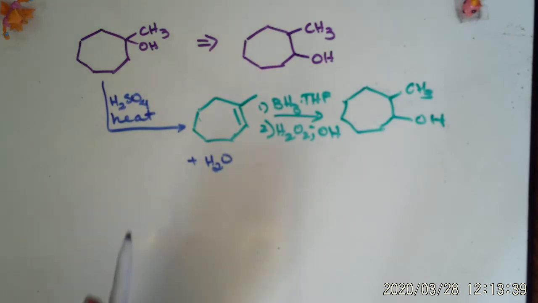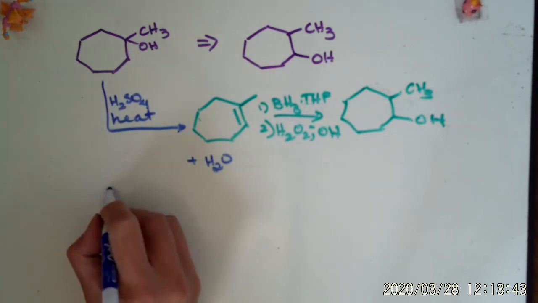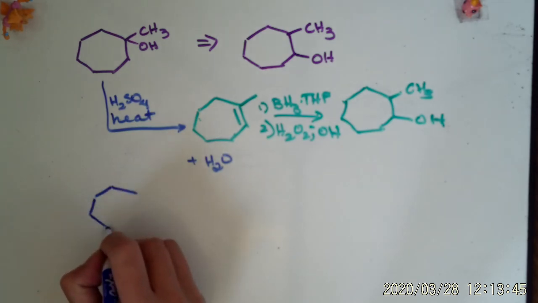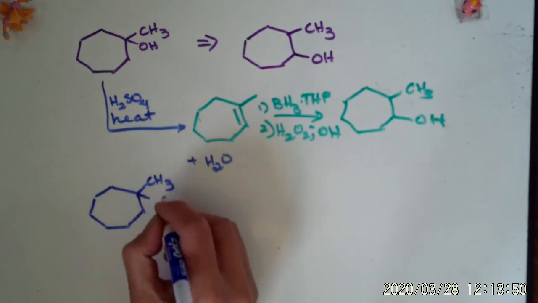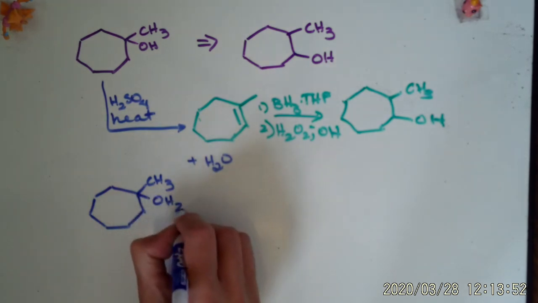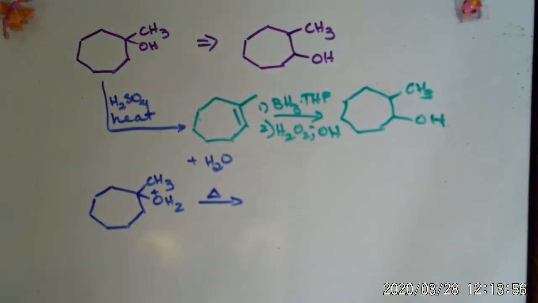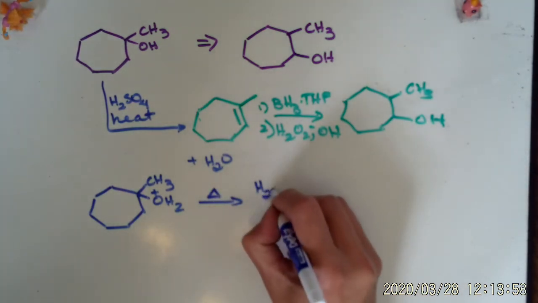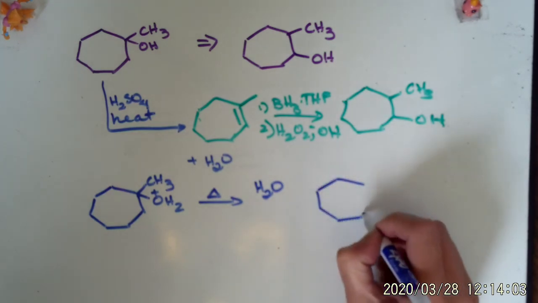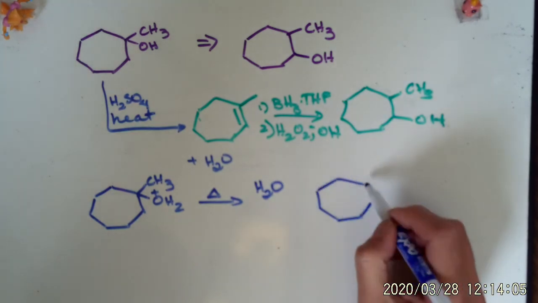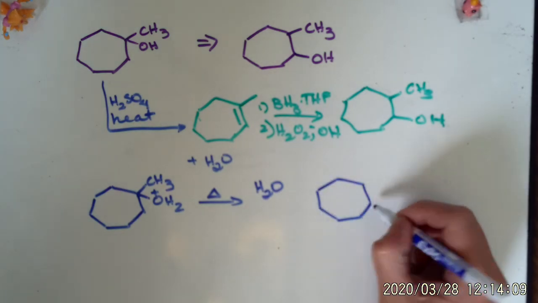Well, let's take a look. Does this make sense? If I heat this up, I protonate my alcohol group, I heat it up, I lose water, and I have my 1, 2, 3, 4, 1, 2, 3, 4, 5, 6, 7.